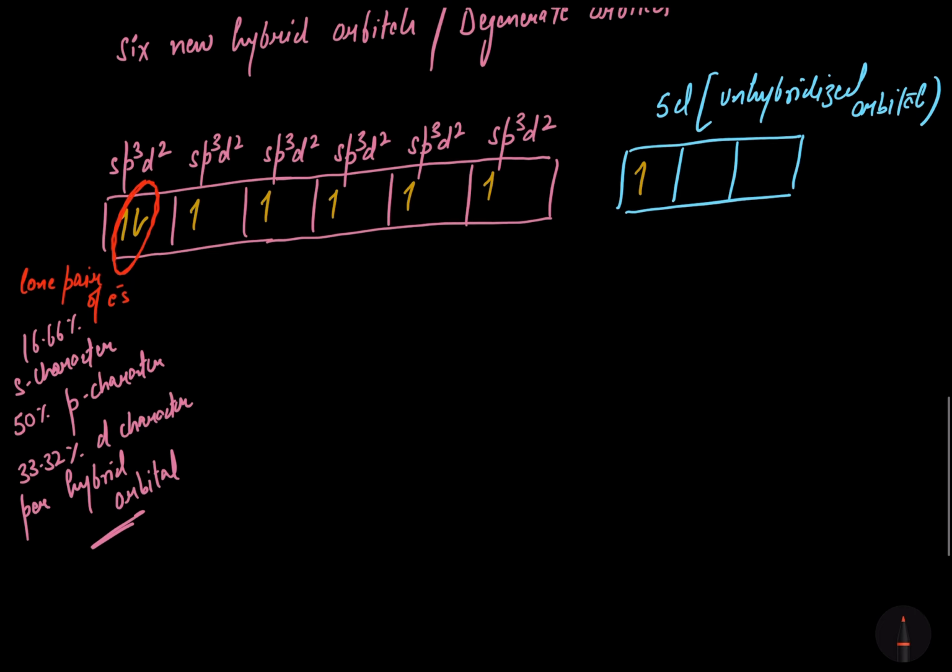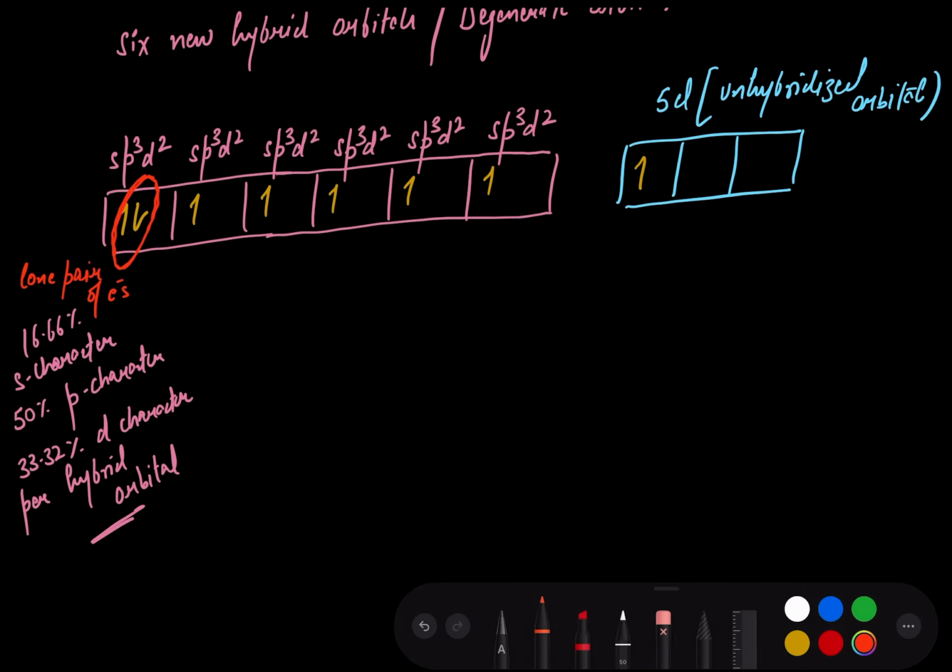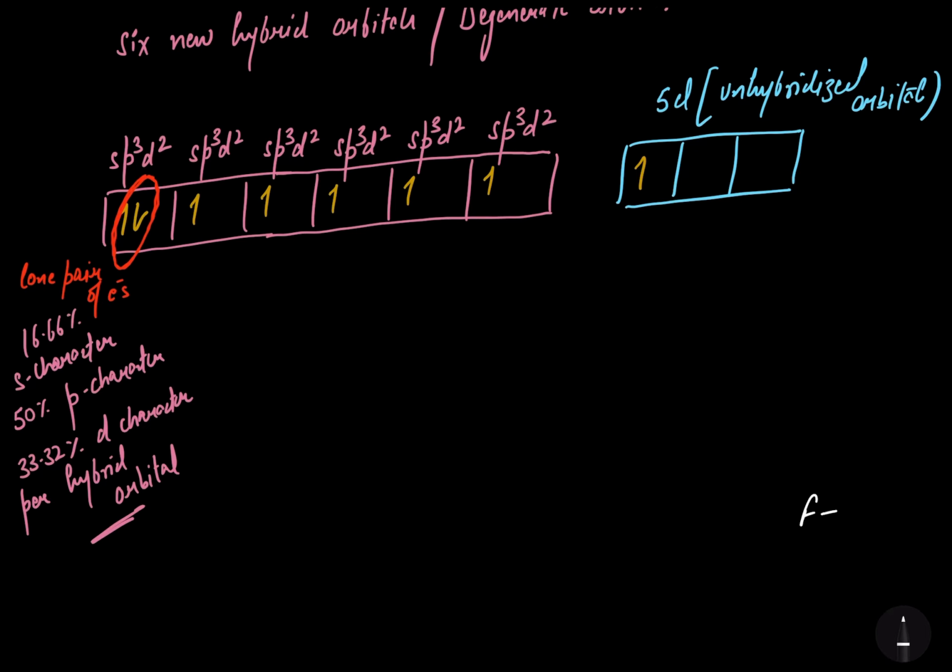Now let's talk about the fluorine atom first. Fluorine, the atomic number is 9. So the valence electronic configuration in terms of subshells and orbitals is 2s2, 2p5.